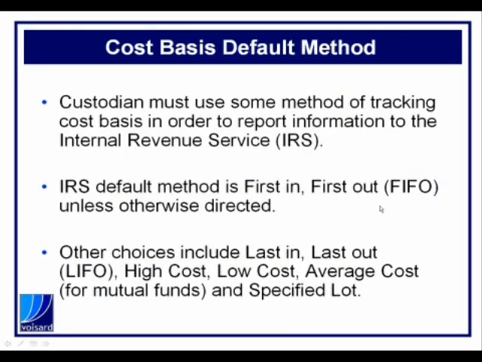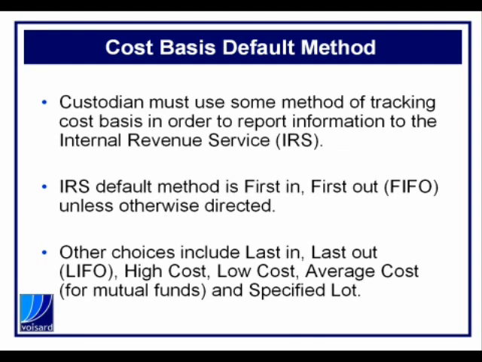A custodian is going to use some method of tracking, and for the IRS and likewise for most custodians, they're going to move to the default method, the IRS default method, which is first in, first out, or FIFO.